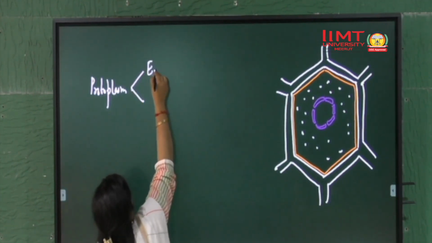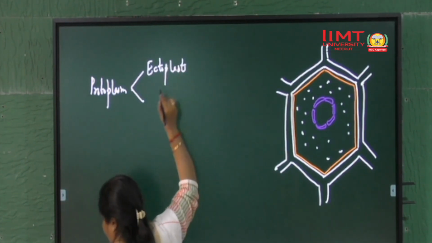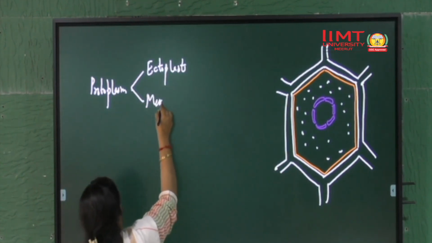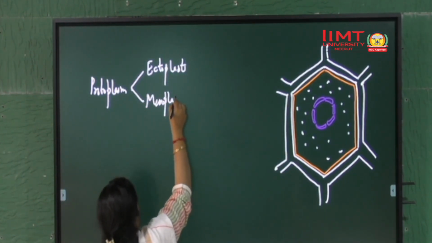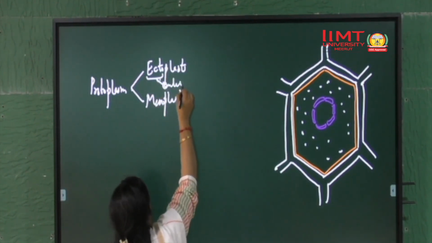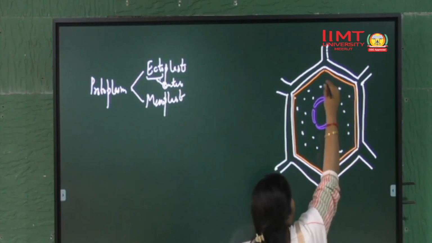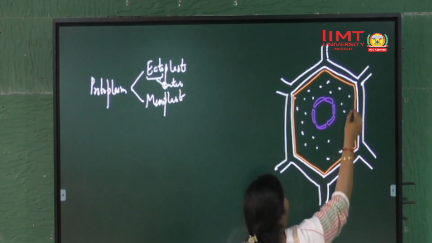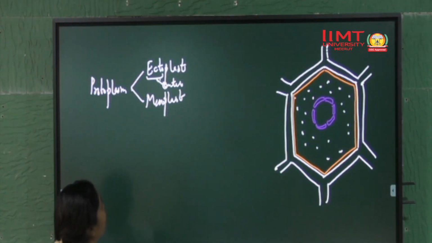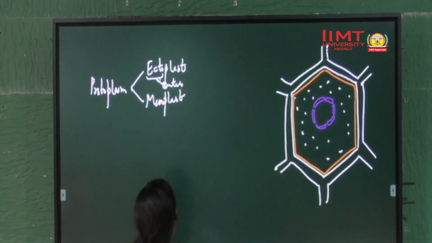One is ectoplast and the second one is mesoplast. Ecto means outer. The protoplasm which is found outside of the cell, aligned with the cell membrane, is called ectoplast, and the inner one will be termed as mesoplast.